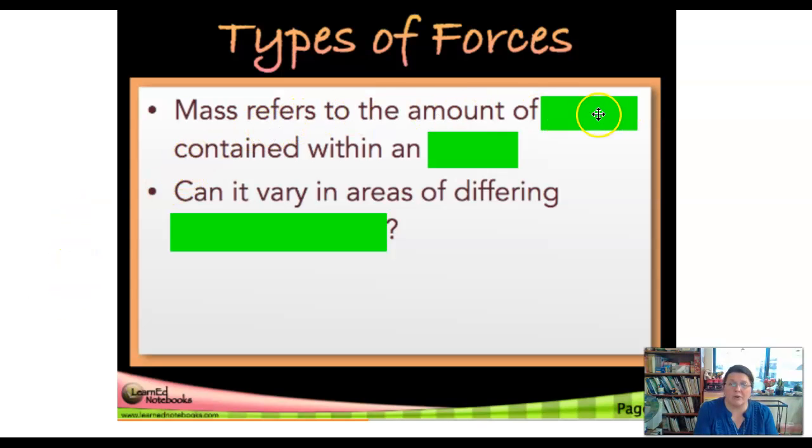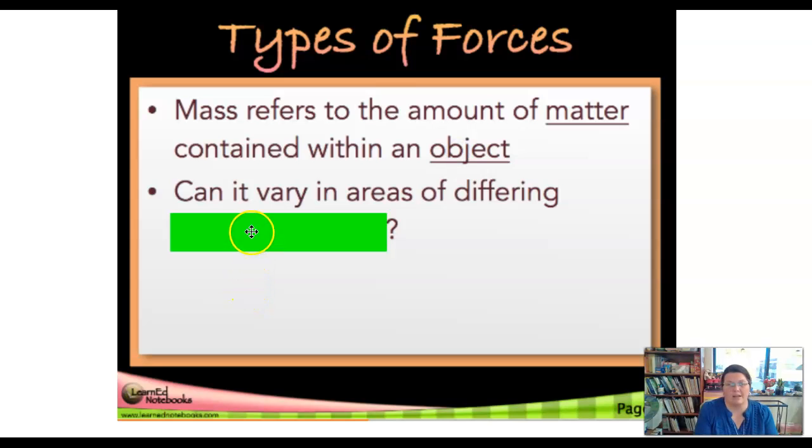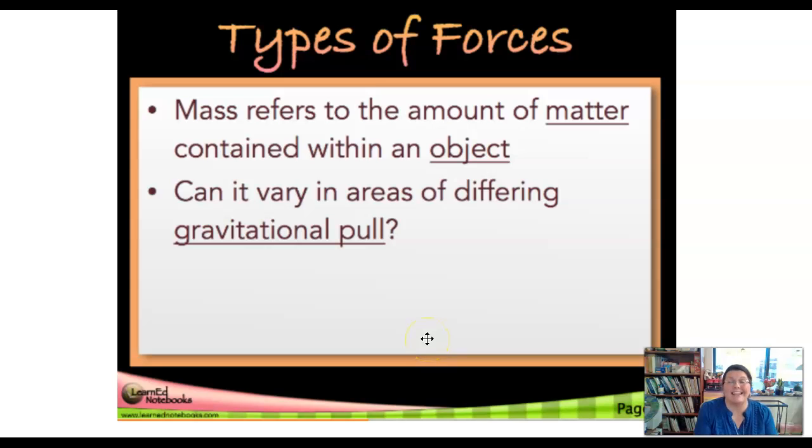So mass refers to the amount of matter contained within an object. Can it vary in areas of differing gravitational pull? So does the mass change based on how much gravity is pulling on the object?